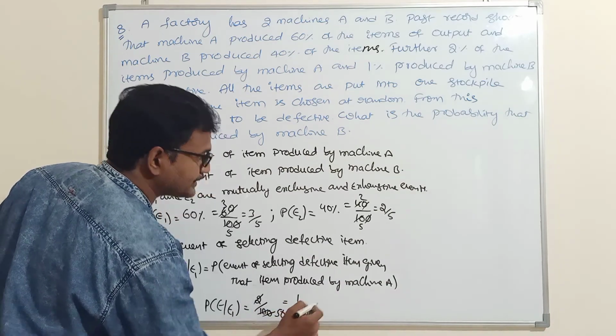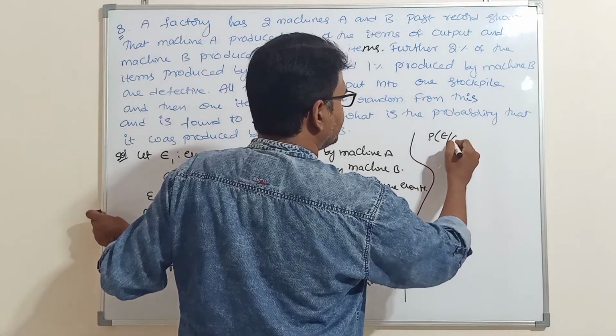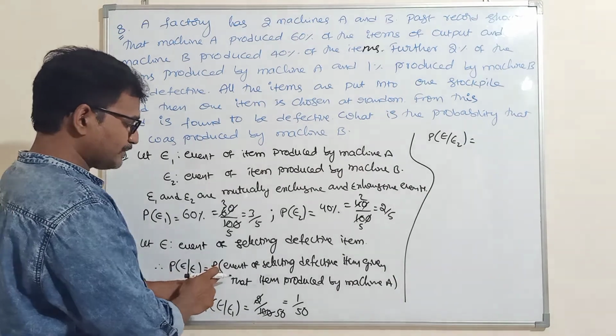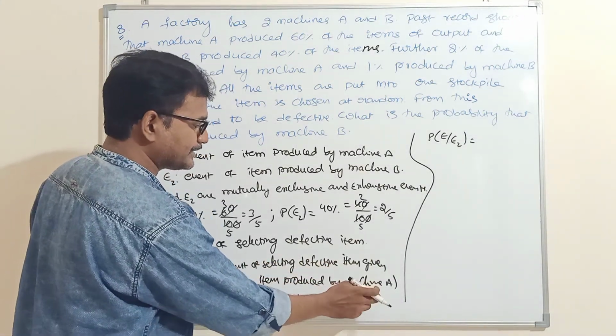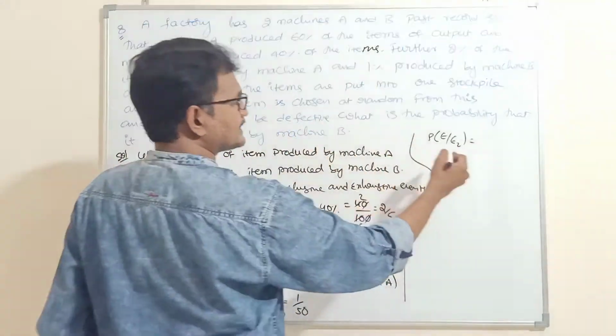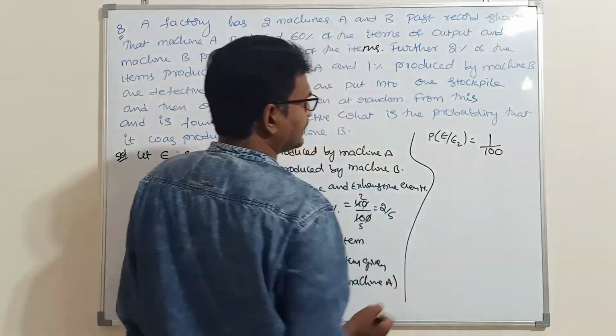Similarly, what is P of E given E2? P of E given E2 means probability of event of selecting a defective item given that the item was produced by machine B. How much is given here? 1% is given. That means 1 by 100.